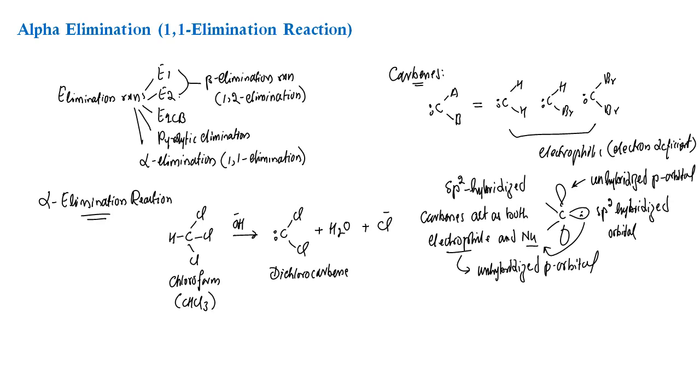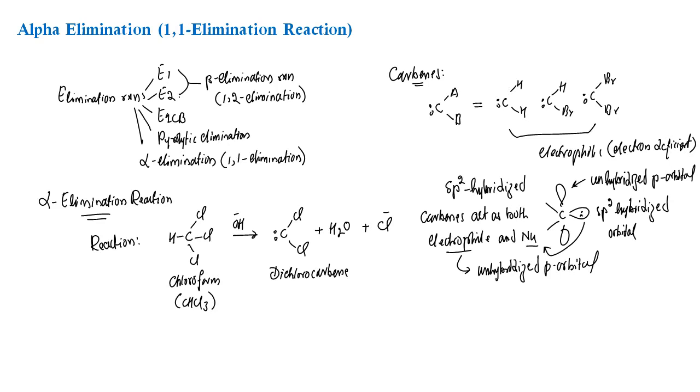Let's return to the reaction. Here we have a typical reaction in which chloroform, especially any haloform, can act as a good substrate for alpha elimination reaction. In alpha elimination, both the leaving group and the hydrogen are removed from the same carbon atom.